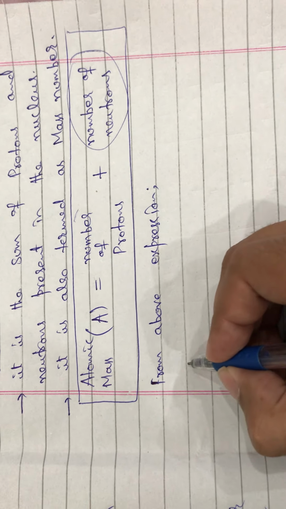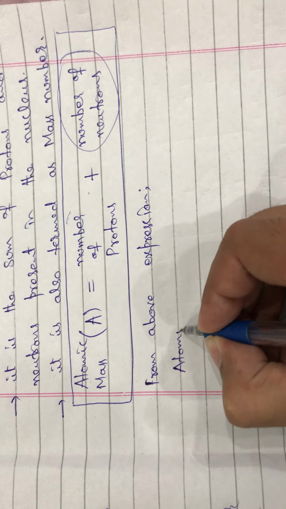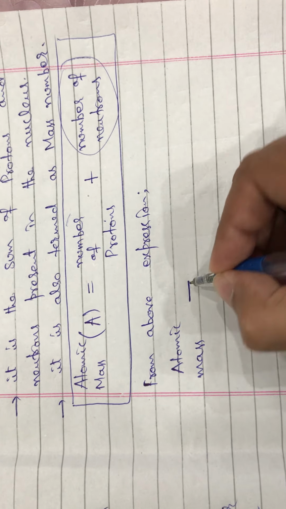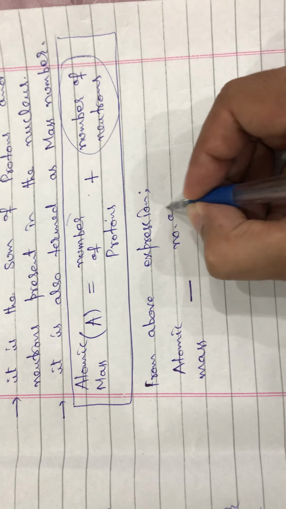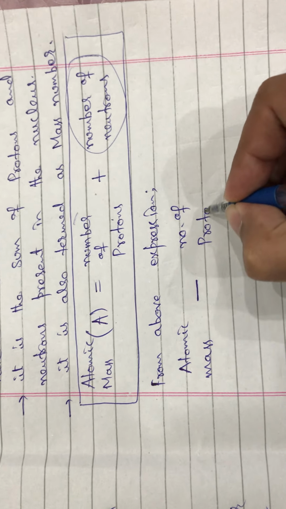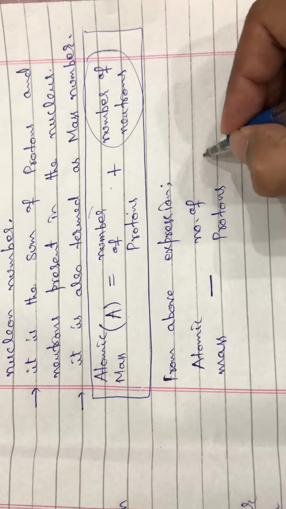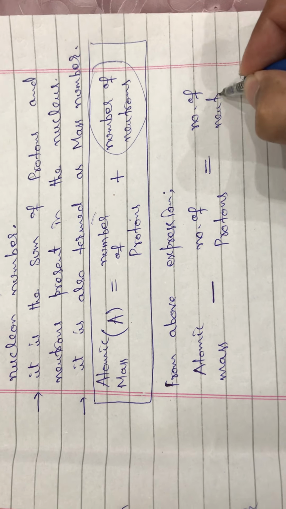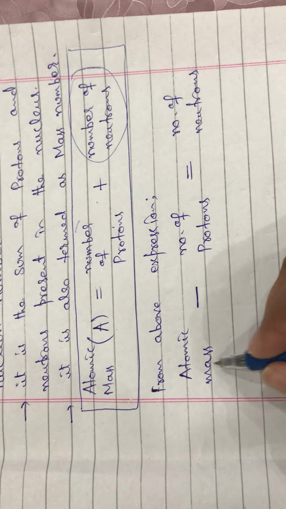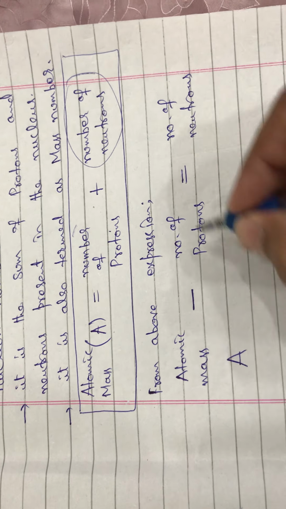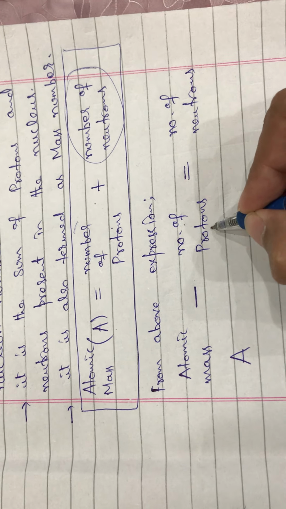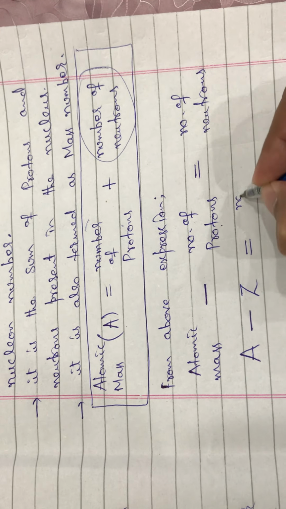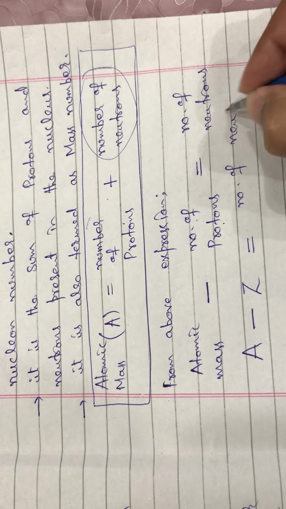So number of neutrons means atomic mass. If we will shift number of protons over here, it will be subtracted from atomic mass, and we will get number of neutrons. As we know that atomic mass is denoted by A, number of protons or proton number or atomic number is denoted by Z, and we can get number of neutrons.